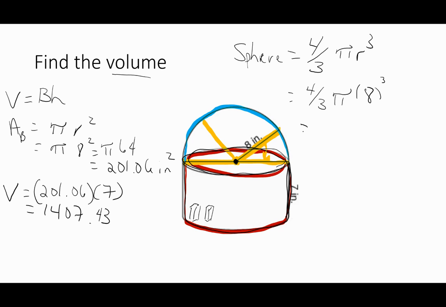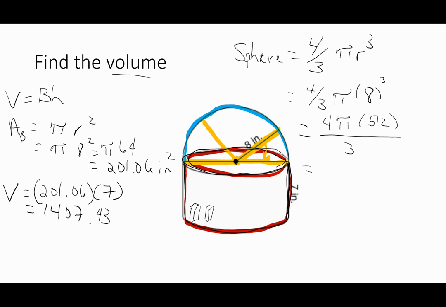So how do we put this in our calculator? 4 pi times 8 cubed. What is 8 cubed? 8 times 8 times 8 is 512. We're going to multiply 4 times pi times 512, and then take that answer and divide by 3.